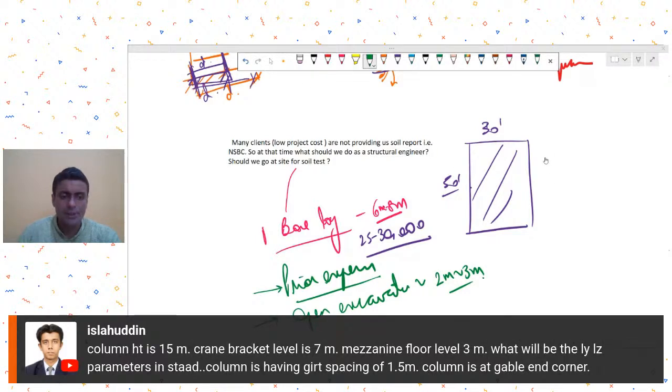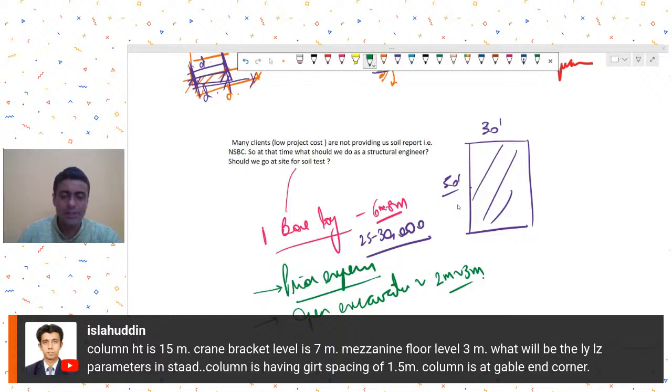So Engineer Islauddin is asking, column height is 15 meters, crane bracket level is 7 meters, mezzanine floor level is 3 meters. What will be the LY, LZ parameters in STAAD? Column is having a girt spacing of 1.5 meters. Column is at gable end corner.